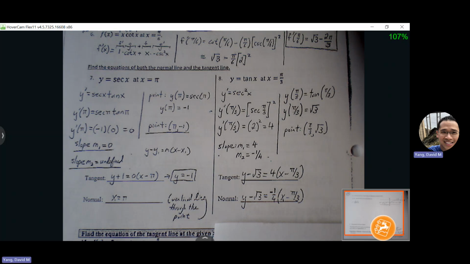So whether you're using a tangent line or normal line, your ordered pair will stay the same. You're just adjusting to a new slope.